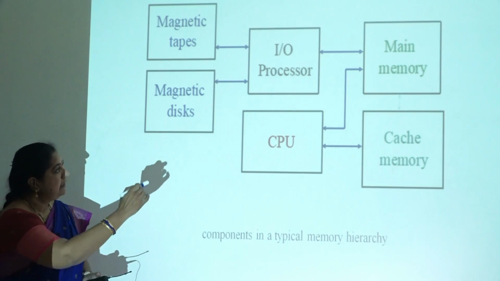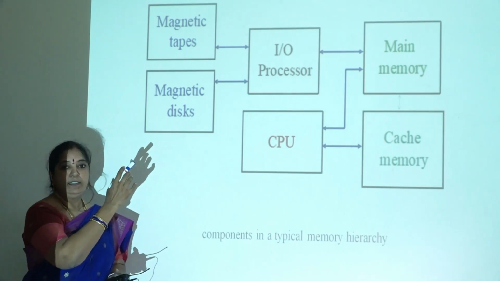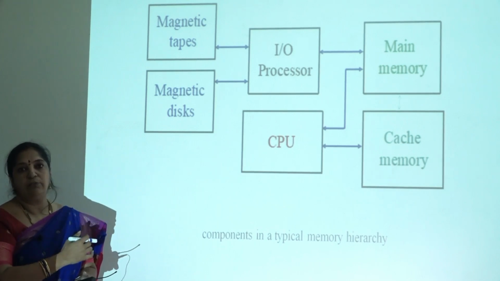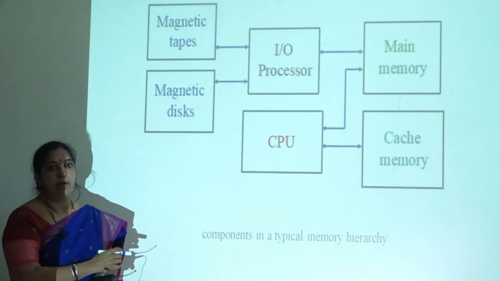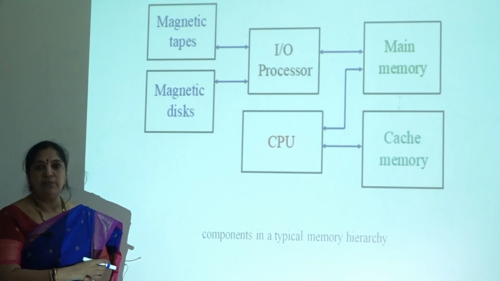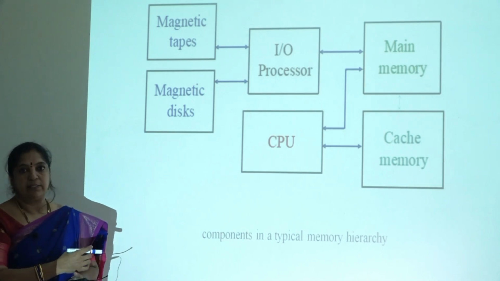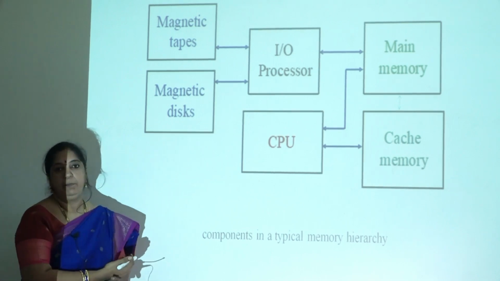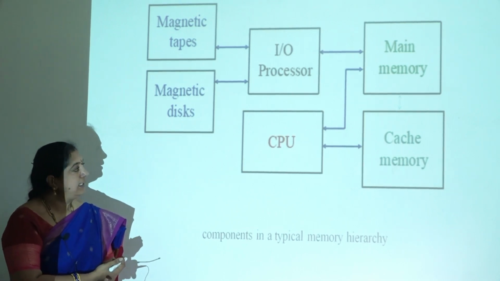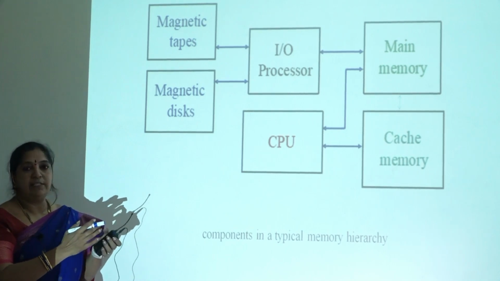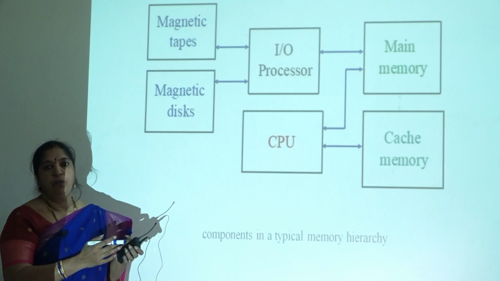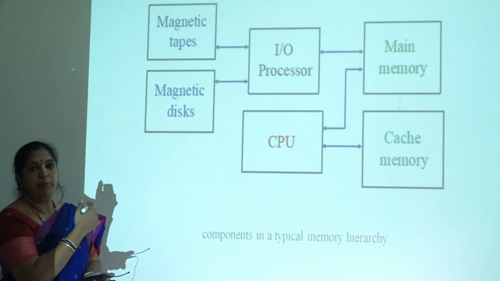So the main memory plays a very important role in the execution of a process or program, and nowadays we have multi-programming systems, so more than one program can be stored in the main memory. Suppose one program is being executed and it requires some IO, but that information is not available in memory.